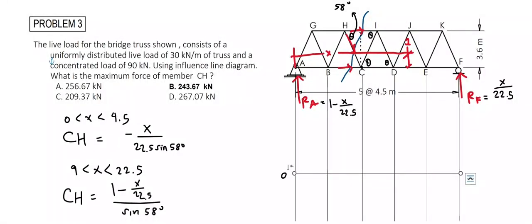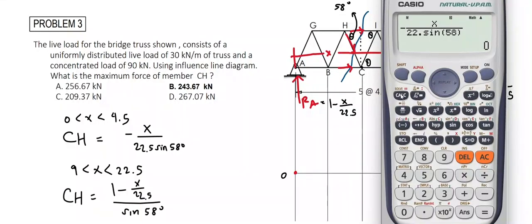That is this point right here. Now at X equals 4.5, the value of CH is negative 0.2358, which is this point right here.